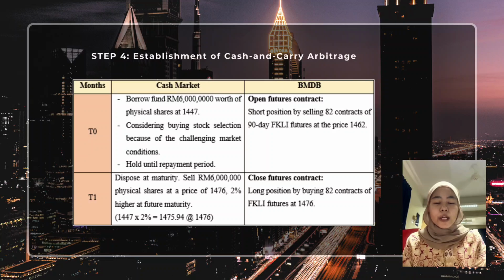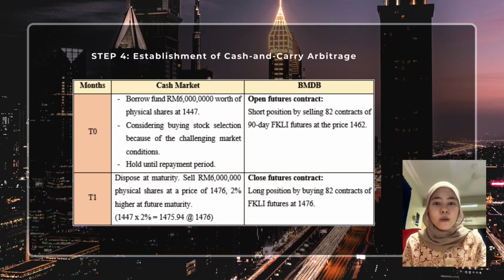In T0 cash market, the company will borrow 6 million worth of physical shares at 1447 and hold until repayment period. However, in T0 future market, it will be opposite with the cash market. So let's say if we buy now, then we will sell in the futures.